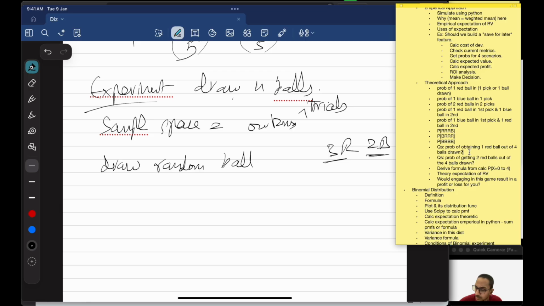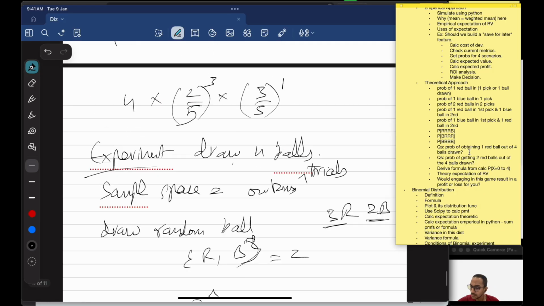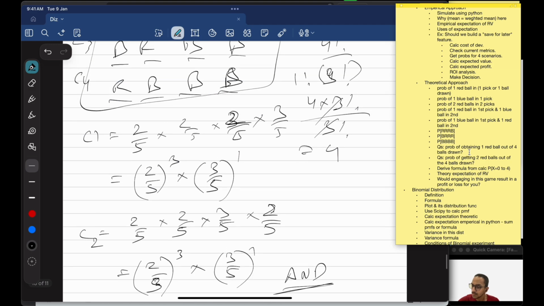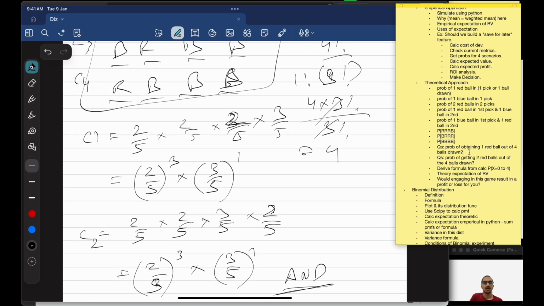So what are the possible outcomes? I can either have a red ball or a blue ball, right? So my sample space is 2. So 2 power number of trials. We are performing 4 trials, in which we will get 1 red.